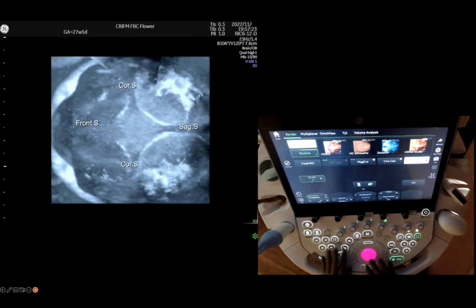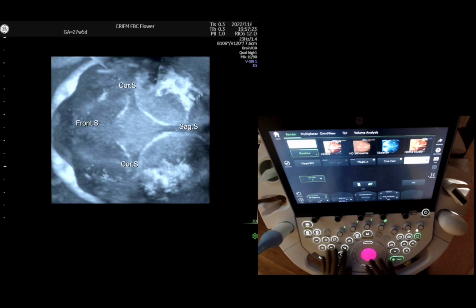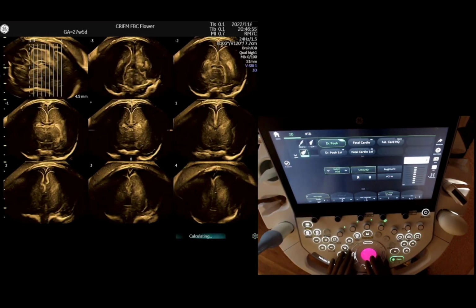You can see the frontal suture, coronal sutures, and the sagittal suture are well visualized. And the anterior fontanelle is quite wide. Therefore, it is reasonable to use it for visualizing the intracranial structure.